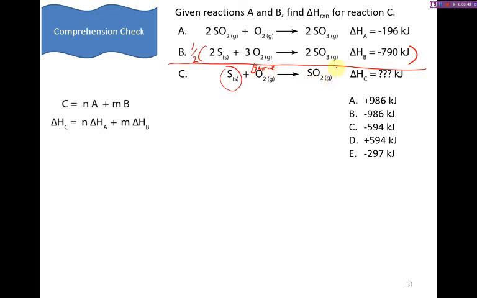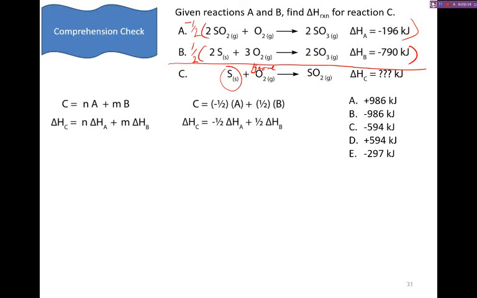Sulfur dioxide shows up only in reaction A, but it's as a reactant. We have 2 times as much as we need, so we need to multiply by 1/2, but it's also on the wrong side of the equation, so we need to multiply by a negative as well. And to summarize, that would look like the following.